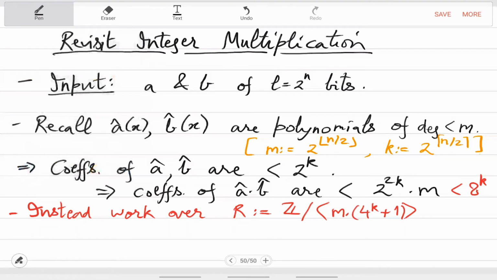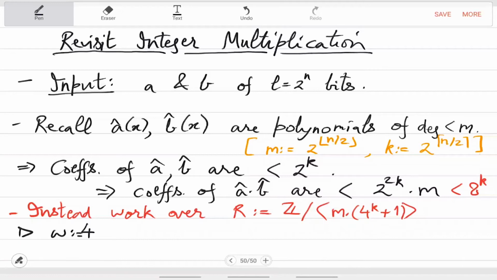And so if you take omega to be 4, the point is that m and 4 raised to k plus 1, these two are co-prime numbers. So you can do Chinese remaindering. So this ring, by Chinese remaindering, arithmetic over R can be broken into two parallel arithmetic, one over mod m and one mod 4 raised to k plus 1.